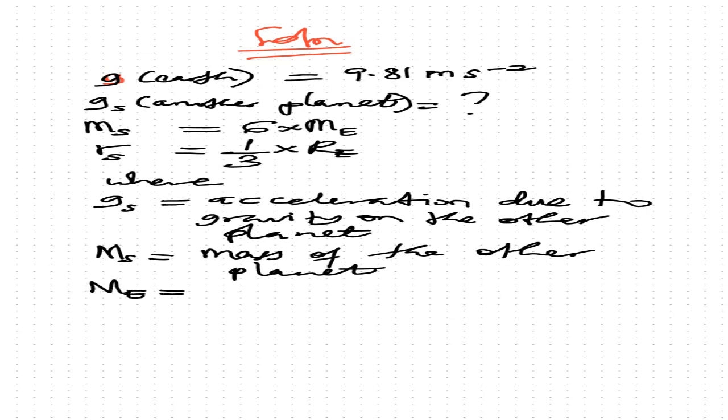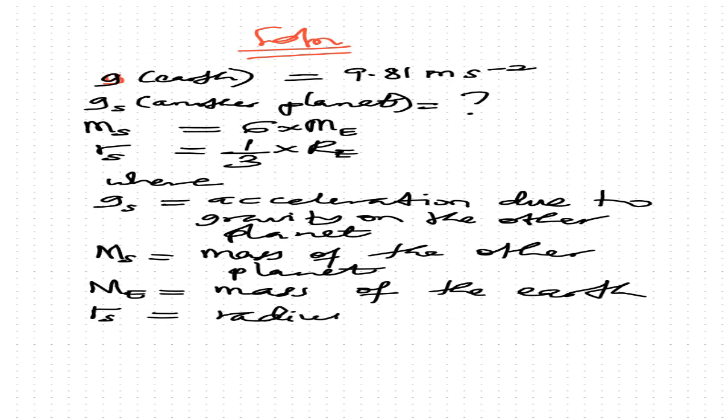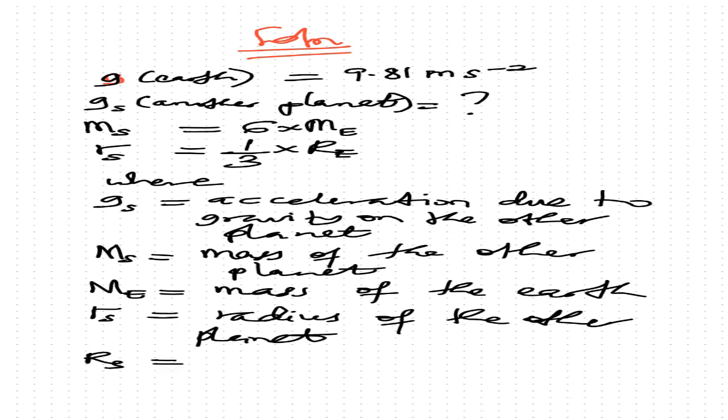ME is mass of the Earth. Then RS is radius of the other planet. Then RE is radius of the Earth. So these are the parameters.